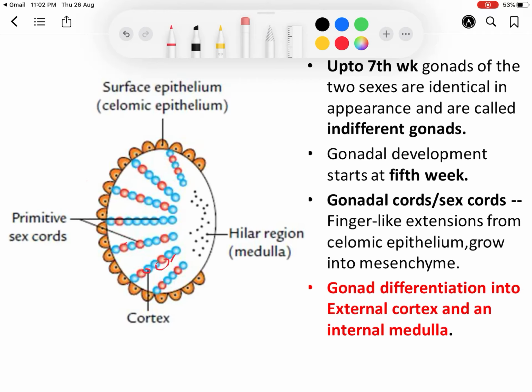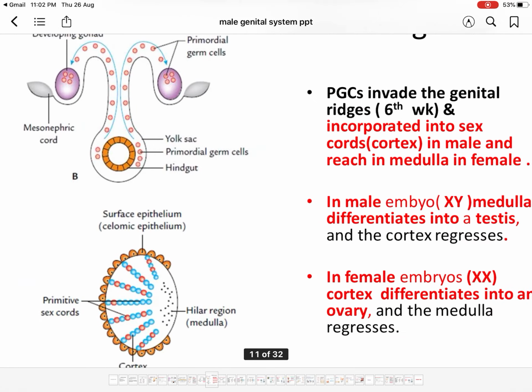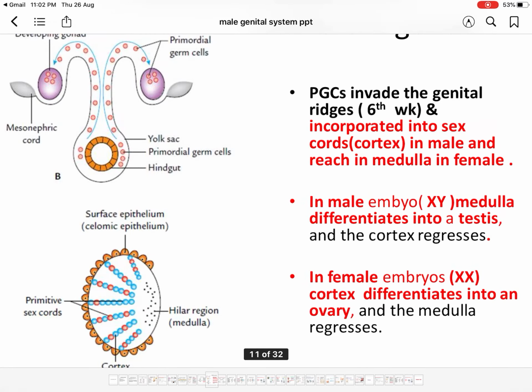Gonad development starts around the 5th week of intrauterine life, and in this indifferent gonad stage the sex cords have been formed, and the gonad has been differentiated into cortex and inner medulla. The germ cells have been incorporated in between the sex cords. That stage is called the indifferent stage.